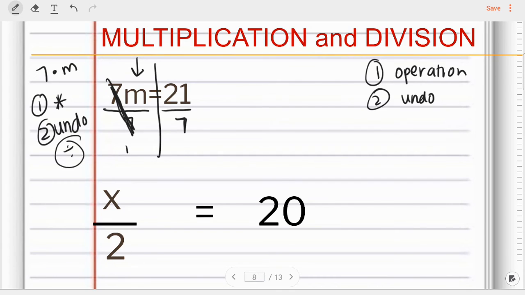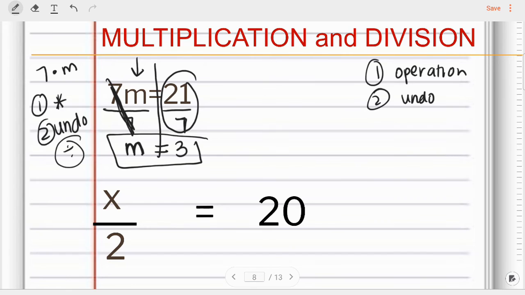And I get 1m equals, what is 21 divided by 7? Let's type that in our calculator. And we get 3. Once I have 1m, remember 1 is imaginary, so I can erase it. My answer is m equals 3.